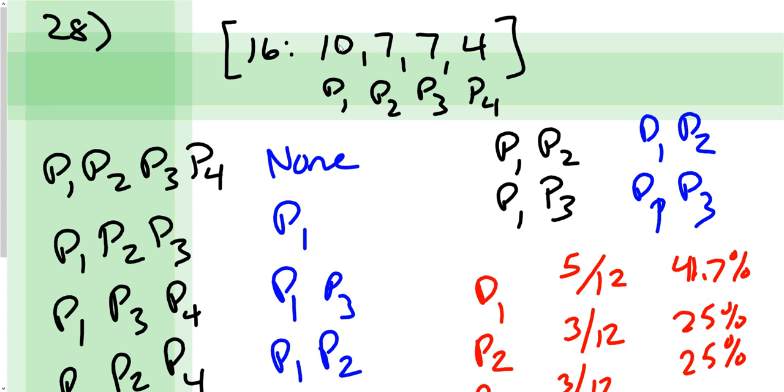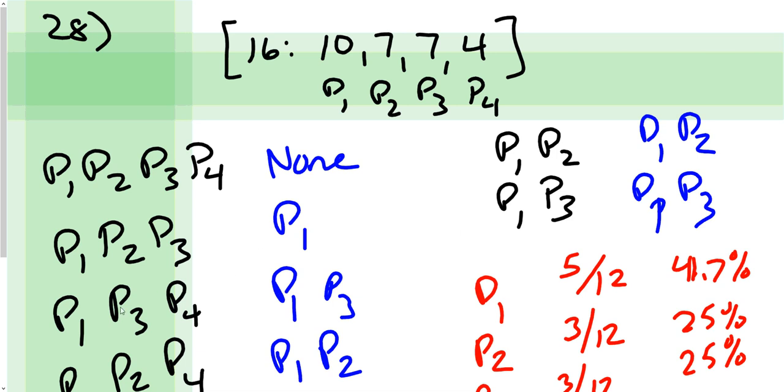Is the 10 necessary? Yes, because 7 and 7 only give you 14. But each of these 7s separately can be dropped. So P2 and P3 are not critical voters. Either one can drop, and the motion would still pass.